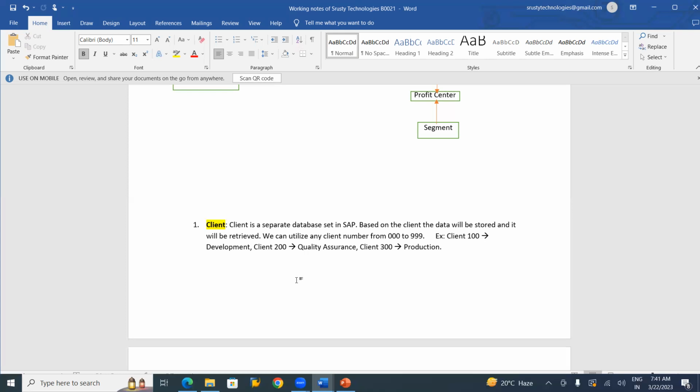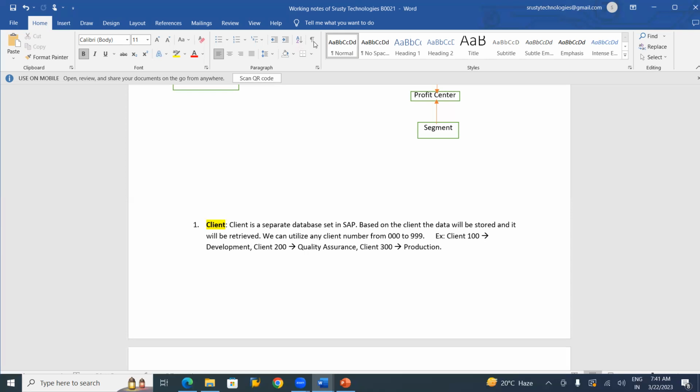Next, for example, client 100 for development server. This is an example, not a standard one.